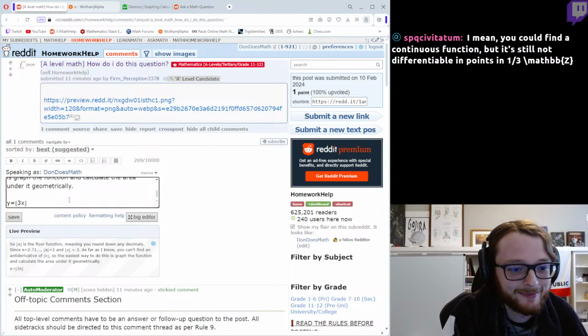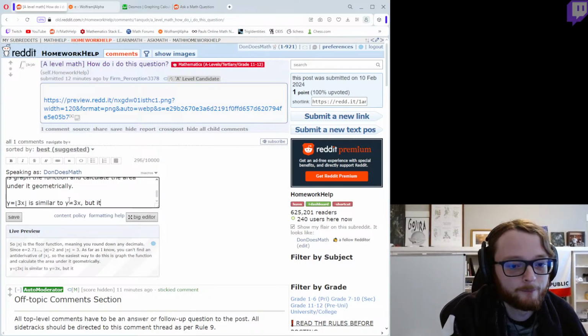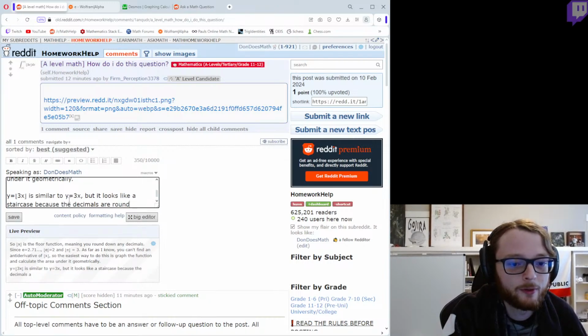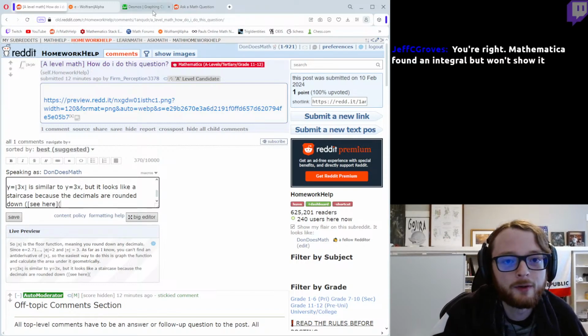That's my guess, just from intuition, I guess. It's similar to y equals 3x, but it looks like a staircase because the decimals are rounded down. See here. And this is where I want my Desmos link, I think.